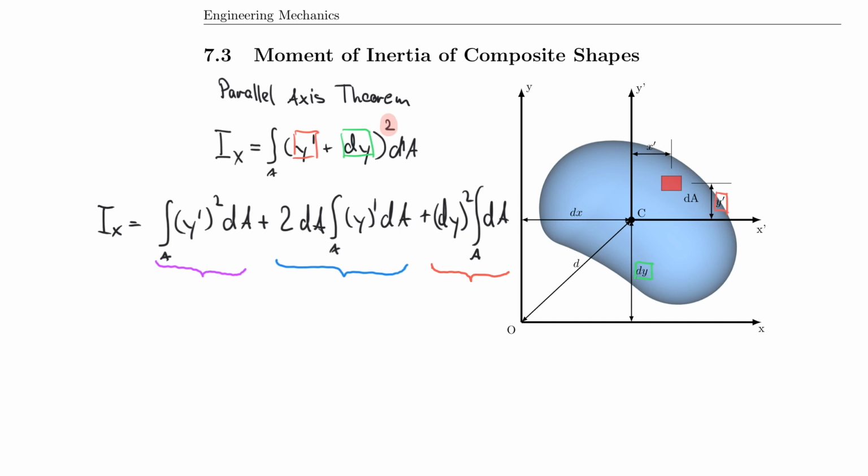So the first component is really nothing else than what you've seen before, just that we're using a prime on the y now. So this is really the moment of inertia of the individual shape.